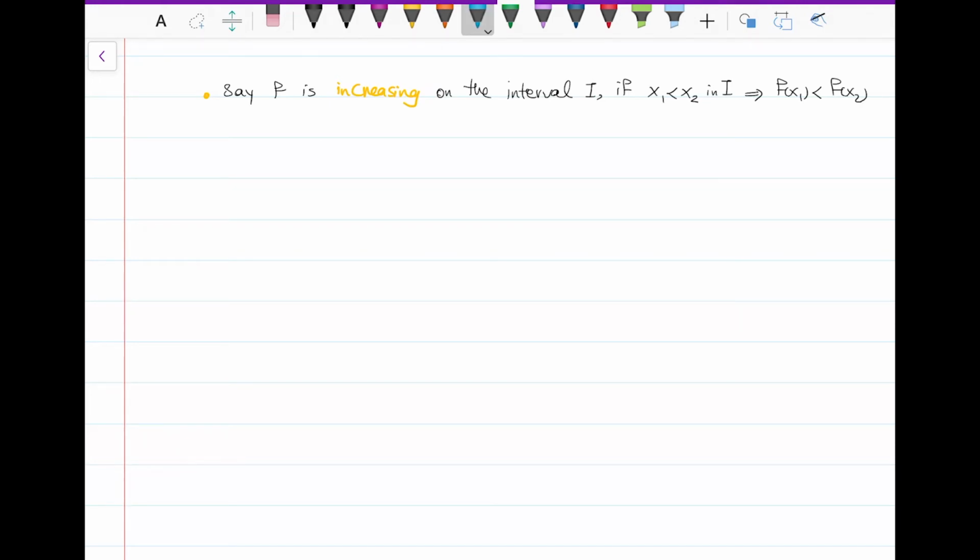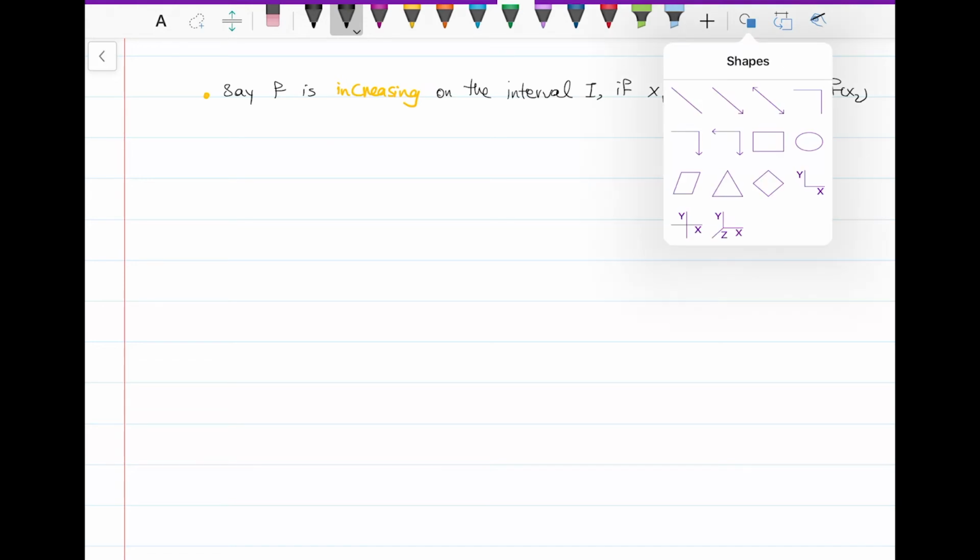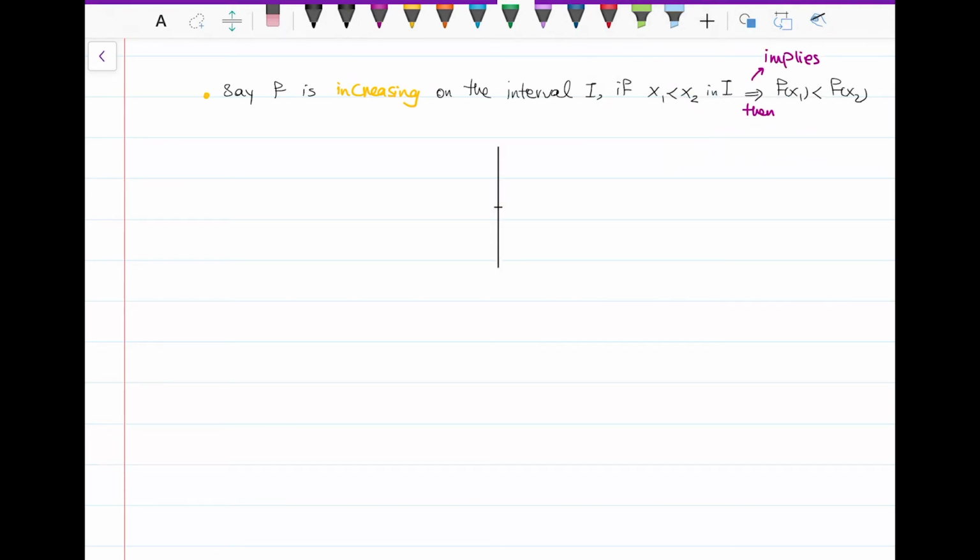Look at this notation in here. This is called implies, and we usually use then to say it in words.